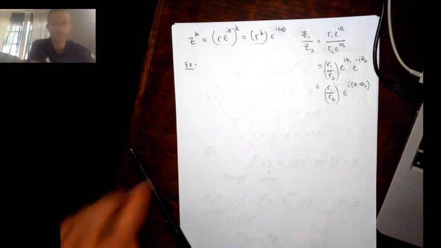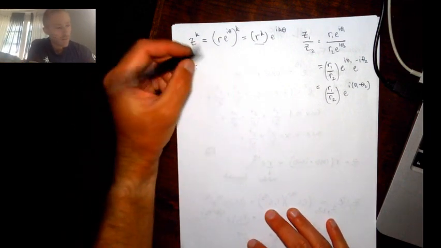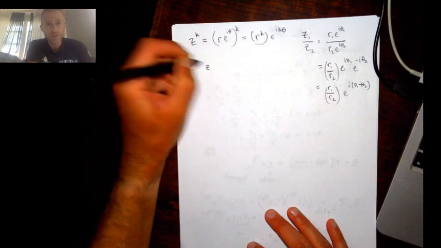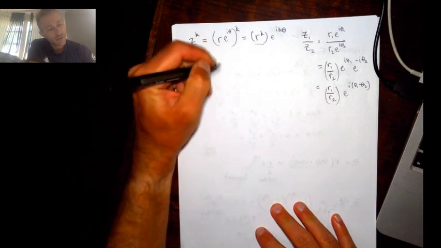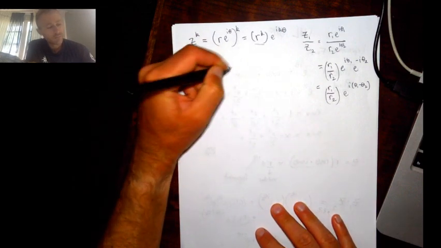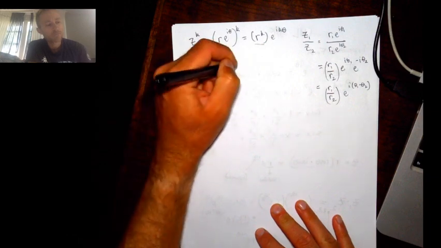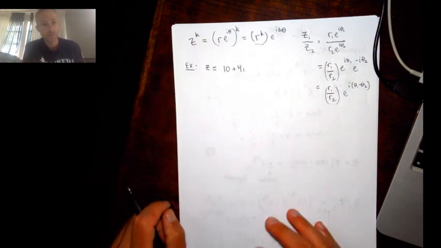So what if I wanted to convert the complex number z equals, let's say, 10 plus 4i into exponential form?